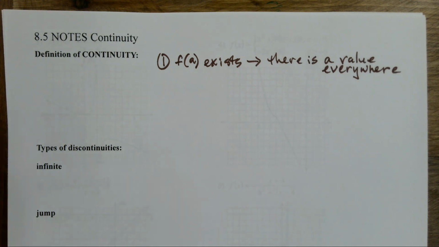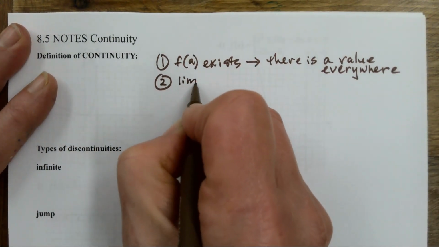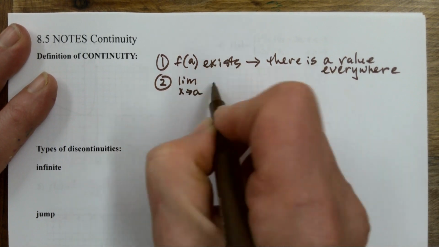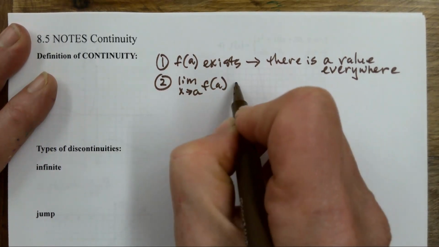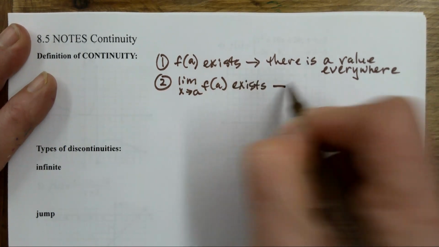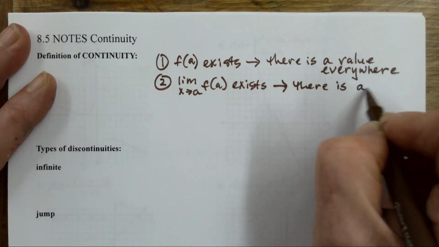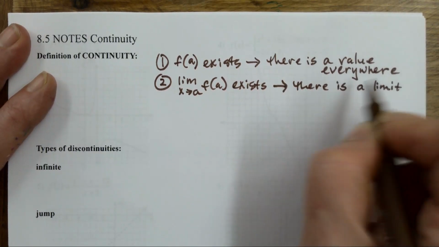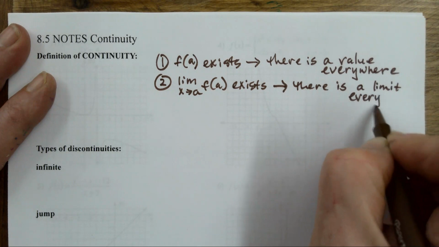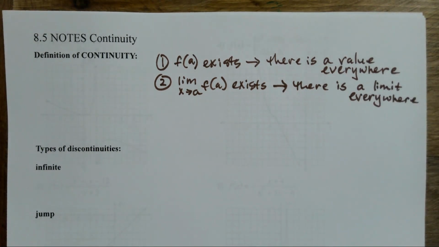The second thing that has to be true is that there has to be a limit everywhere as well. So I have to have a limit everywhere.